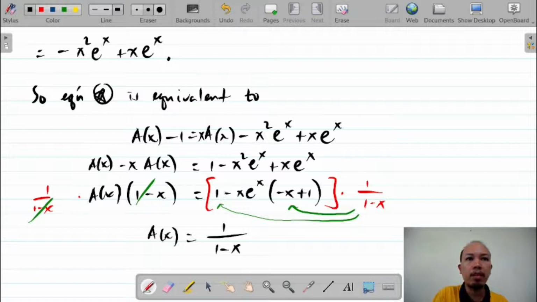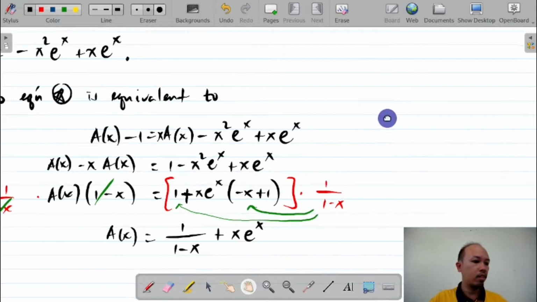This is positive, because x times e to the x times negative x is negative x squared times e to the x. So this will become positive x e to the x. Okay, so that's it. This is the exponential generating function.